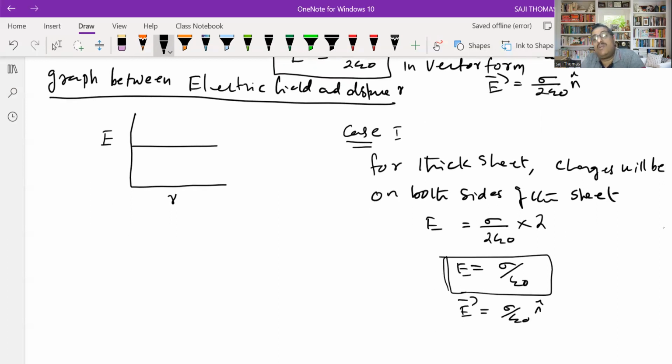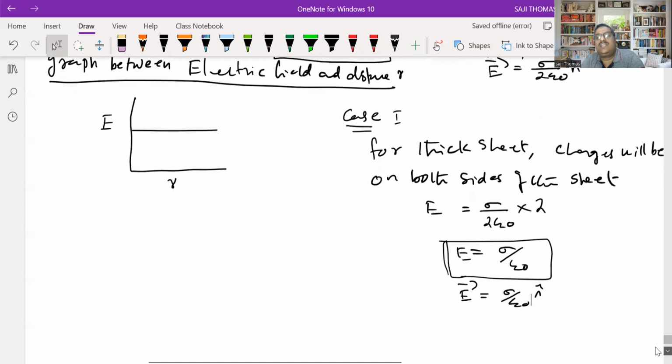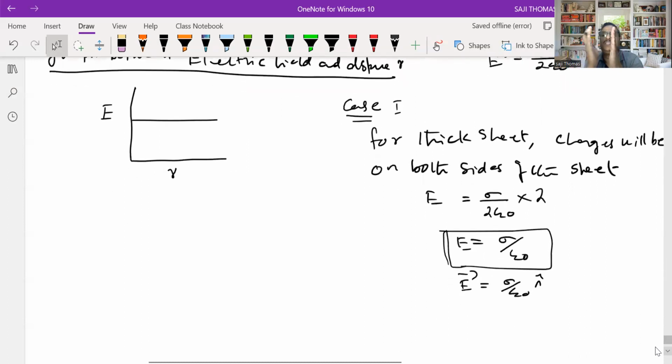Now we can consider one more case. Suppose there are two thin sheets arranged parallel to each other. Then what will happen to the field between the sheets? Okay, let us see.